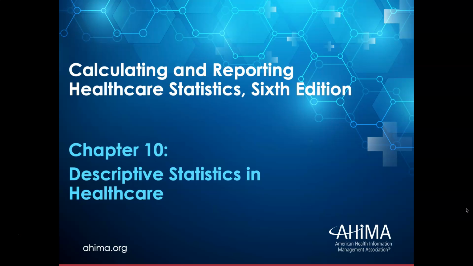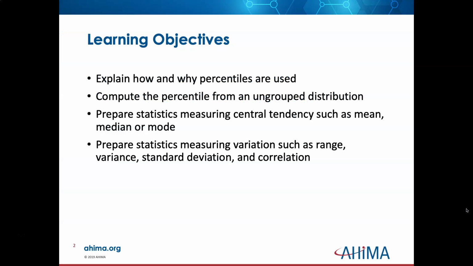Okay, so if you want to follow along, I am in the textbook on page 169. Let's talk about descriptive statistics in healthcare. Our learning objectives according to the book are to explain how and why percentiles are used, compute the percentile from an ungrouped distribution, prepare statistics measuring central tendencies such as mean, median, or mode, and prepare statistics measuring variation such as range, variance, standard deviation, and correlation.